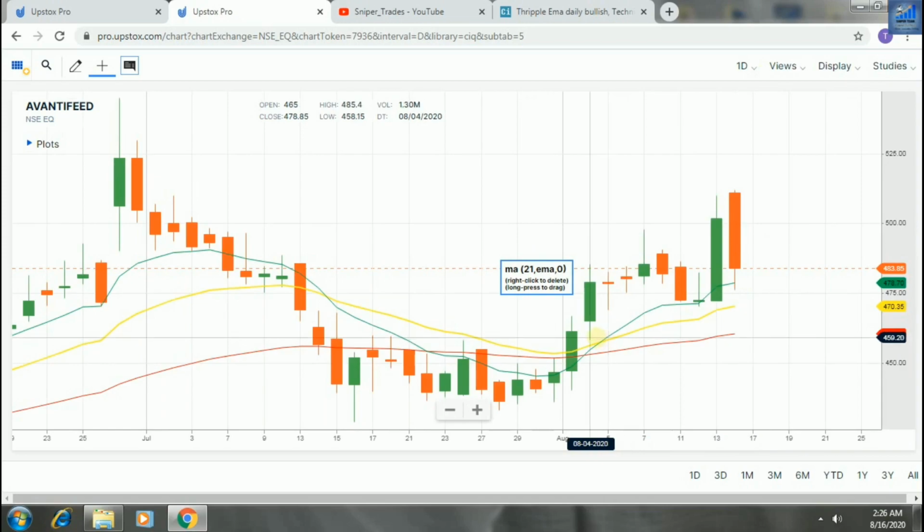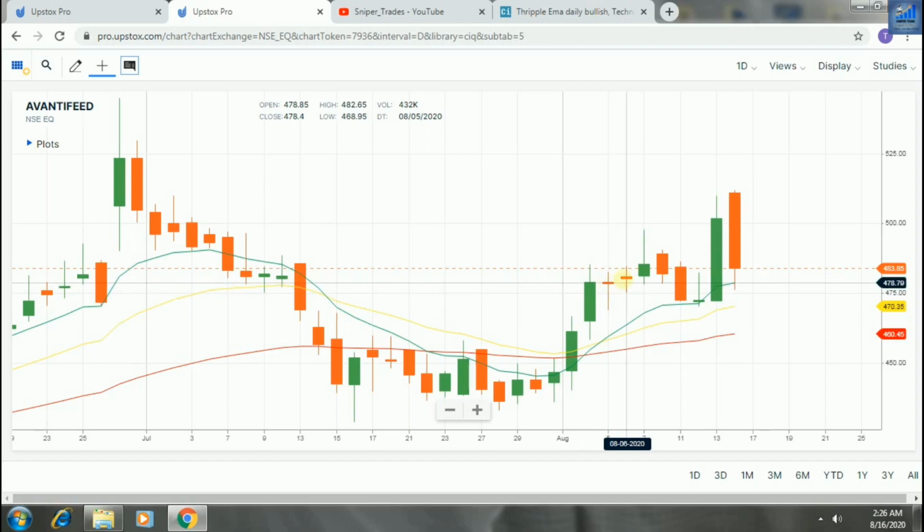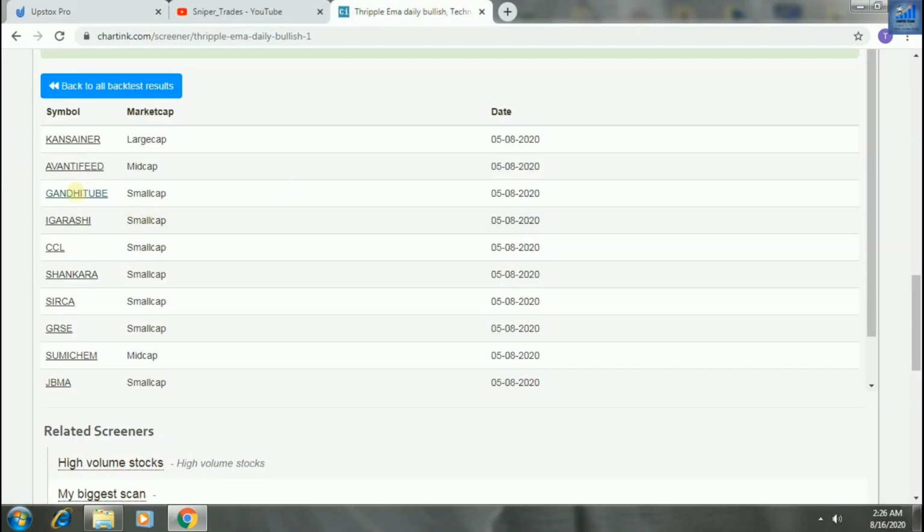On 5th August, that is this candle, on this day it gave a bullish scan. So after that, see, the price has moved significantly upward. It is still expected to move upward. That is a positional trade. Okay, let's check the other stocks.